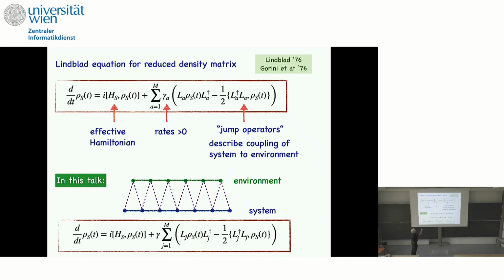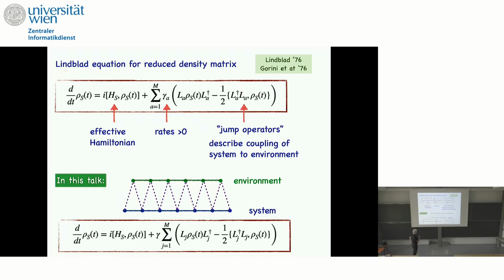It also contains some parts that are induced from the coupling to the environment, which is why I call it an effective Hamiltonian. Then you have the dissipative part, which is cast in terms of these jump operators, which describe the coupling of the system to the environment. This particular form ensures, as we heard, a completely positive trace-preserving map. So if you start with a density matrix, it remains a density matrix.